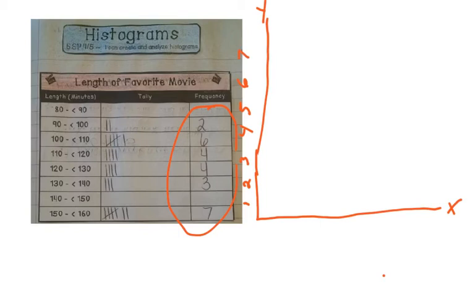And then my intervals are going to go across the bottom. Okay. So I'm going to go sideways so I have more room. This one is 80, and I'm going to say 89 to make it easier.